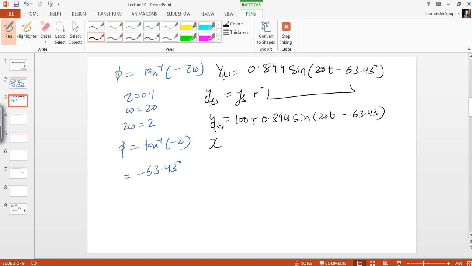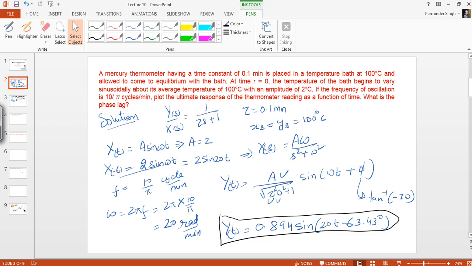What will be the bath temperature? Bath temperature, small x(t), is 100 plus capital X(t). Capital X(t) was 2 sine 20t.